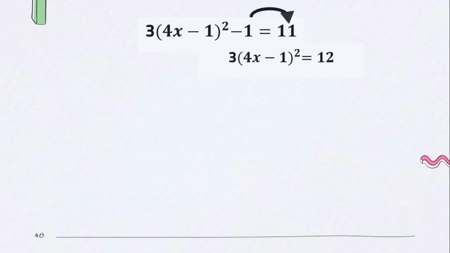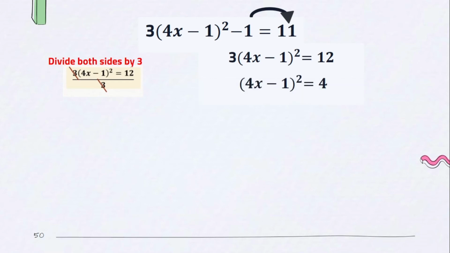So, 11 plus 1 is equal to 12. Now, we have the 3. To cancel the 3, we need to divide both sides by 3. So, we can cancel the 3 now. What's left is the quantity of 4x minus 1 squared equals 4. Why 4? Remember, we divided both sides by 3. So, 12 divided by 3 is 4.